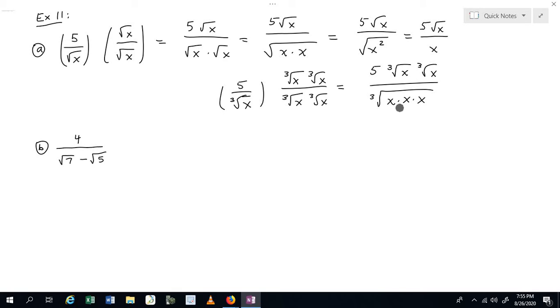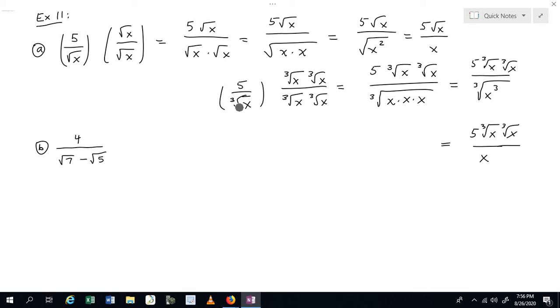But the important thing here is now that I have 3 x's underneath this radical, in other words, x cubed, when I take the cube root of x cubed, I do get x. And so this no longer has a radical in the denominator. I just want you to be aware of that.